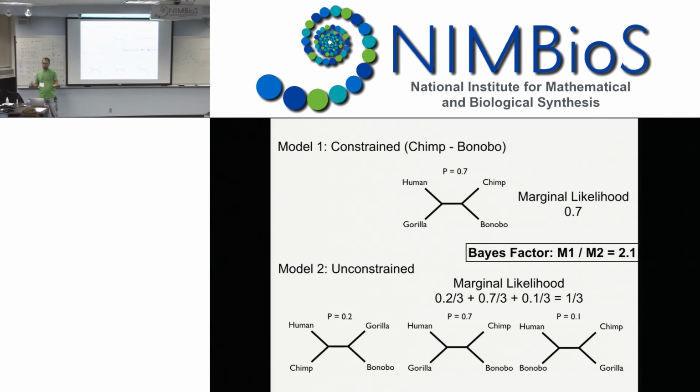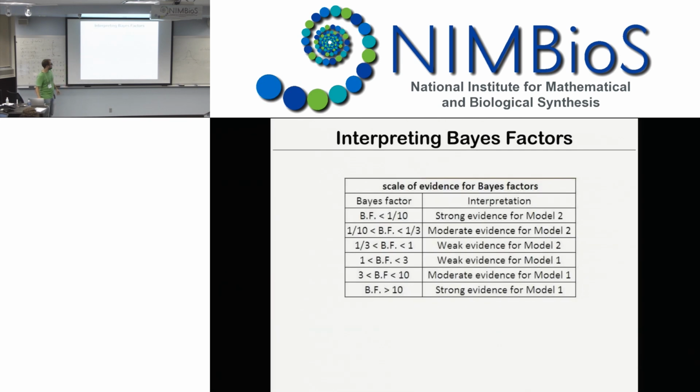Now the question is, which of these Bayes factors is actually significant? Is 2.1 a large value, or is 2.1 just sort of an intermediate value? For Bayes factors, there's a table that was developed to look at this.